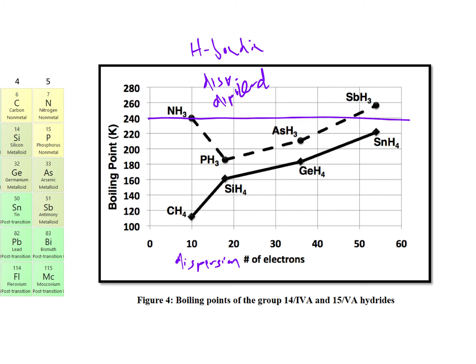And this goes back to your question about if something has hydrogen bonding, does it automatically have a greater boiling point than something that doesn't? This is a great example that shows that no, that's not always the case. So the dispersion forces, most of the dispersion in this case, are giving rise to a much higher boiling point in the antimony hydride compared to the ammonia.